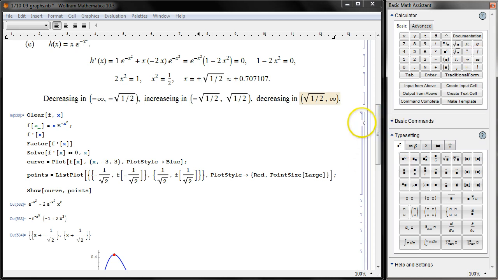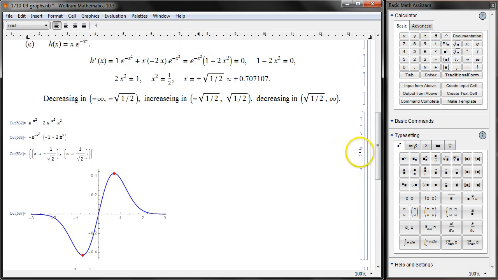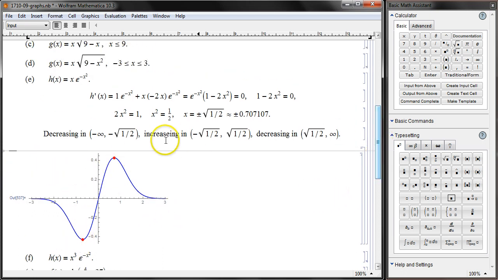There goes the conclusion. Decreasing, increasing, decreasing. Now, do we have time for the second derivative and concavity?